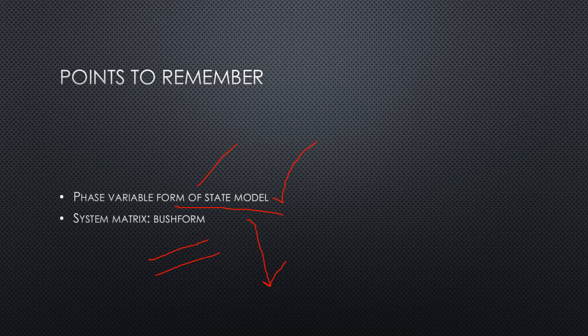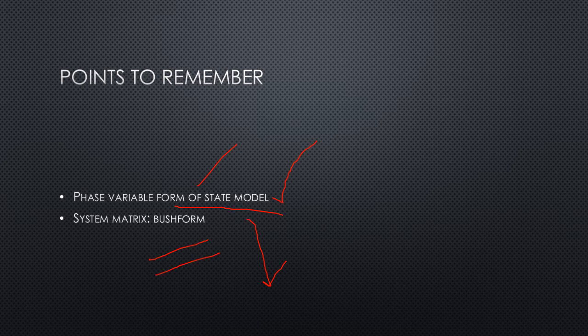Go to the system matrix which is available in all state equations, then we can conclude that the system matrix is in Bush form. So let us know what is meant by Bush form.